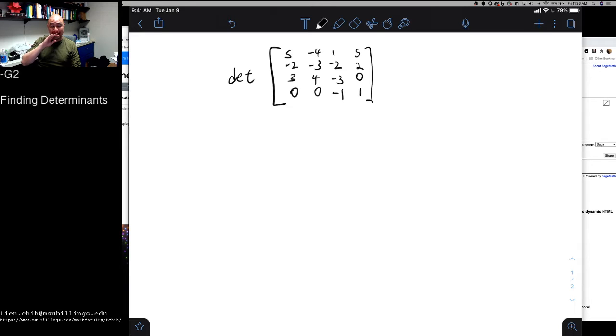Or you can take a 1 in the diagonal where the row that it belongs to, or the column that it belongs to, is otherwise all zeros, and you can take out that row and take out that column and reduce the size of your matrix. So we're going to utilize that as our main tool and try to reduce this matrix down to a 2 by 2 matrix, which is a standard determinant.